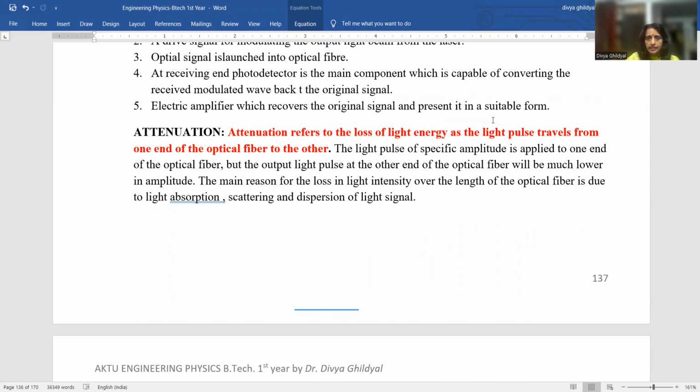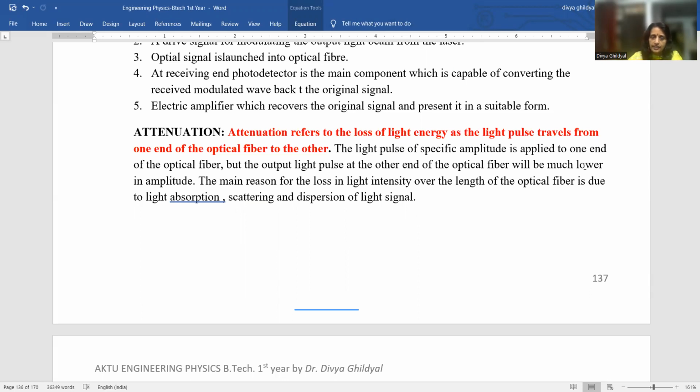Attenuation means the loss of light energy as the light pulse travels from one end of the optical fiber to the other. So the light pulse of specific amplitude is applied to one end of the optical fiber, but the output light pulse at the other end will be much lower in amplitude compared to the input.